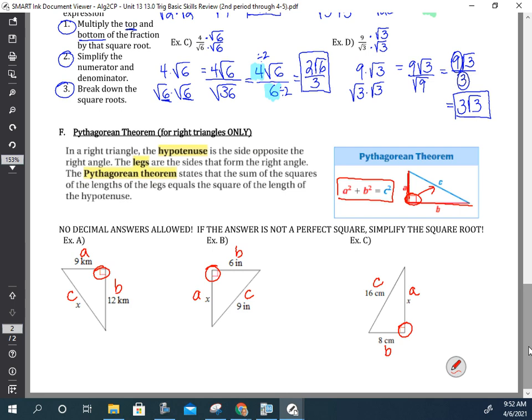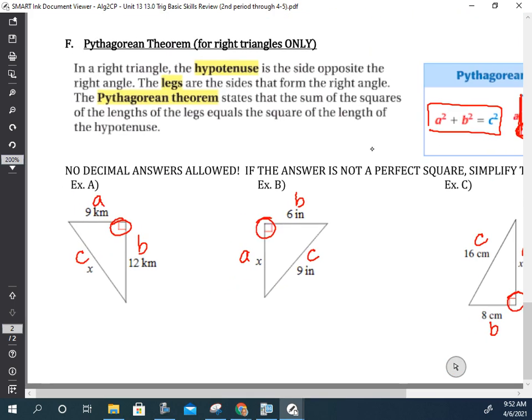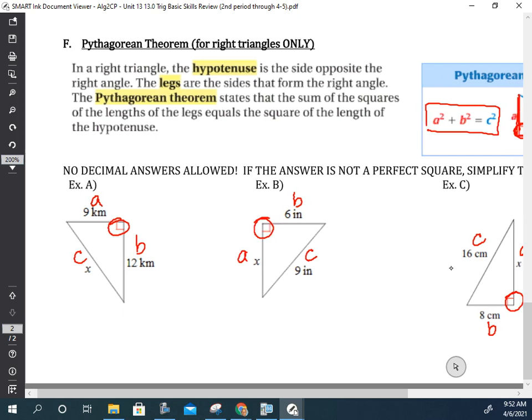C is the hypotenuse. So some of you may just know that off the top of your head. Some of you may need to label it so that you can see it. There's no shame in the game. But now we're going to solve it.